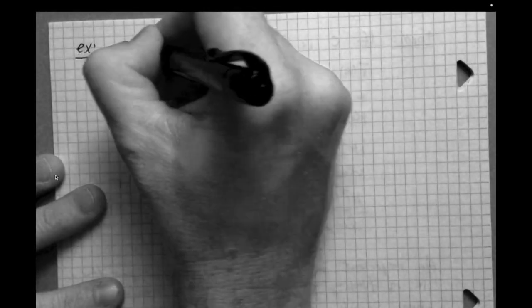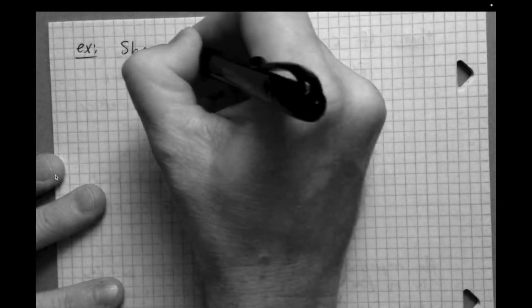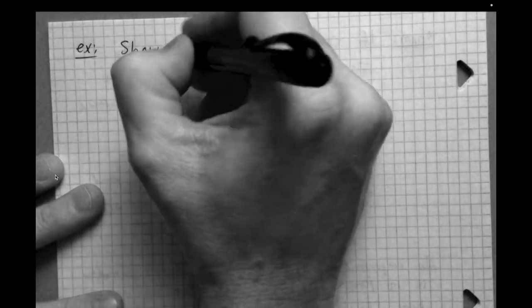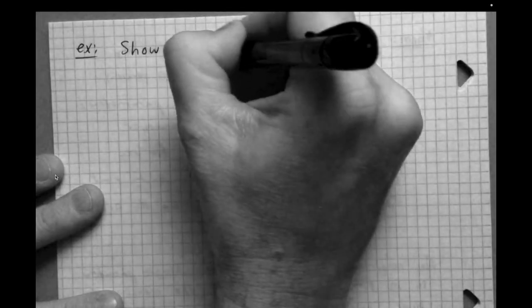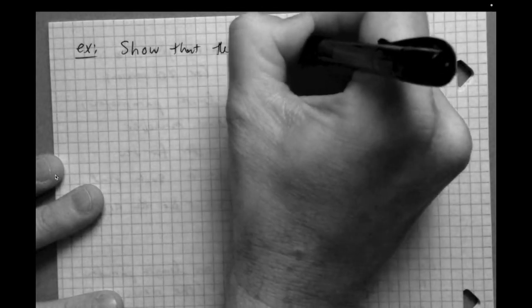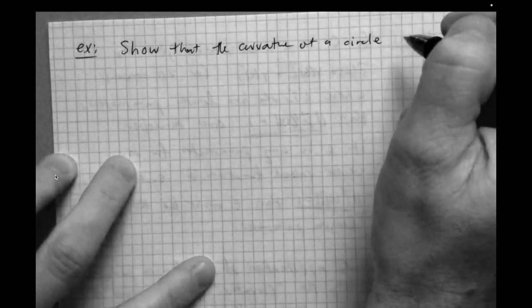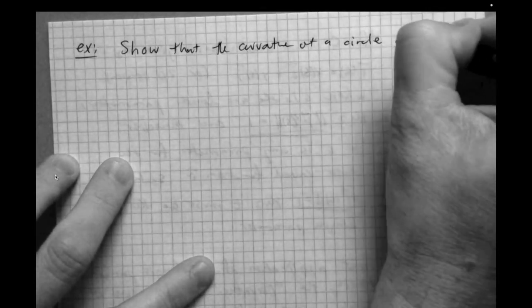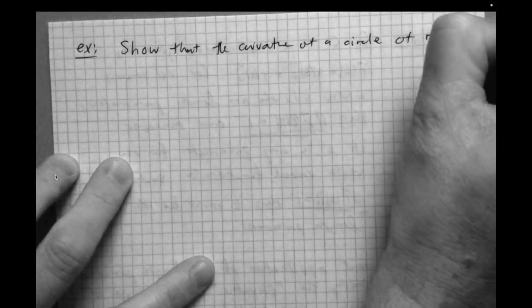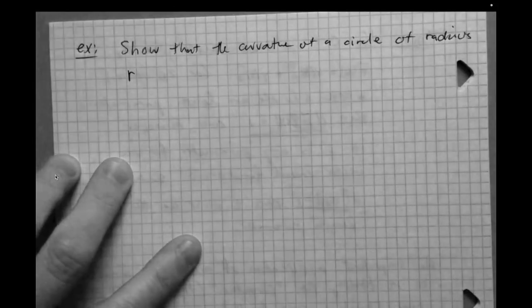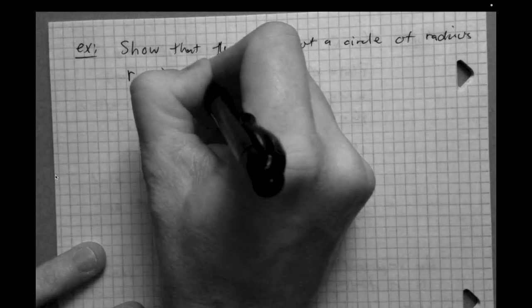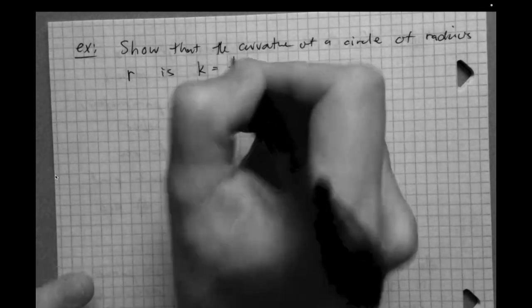In this example, we're going to show that the curvature of a circle of radius r is k equals 1 over r.